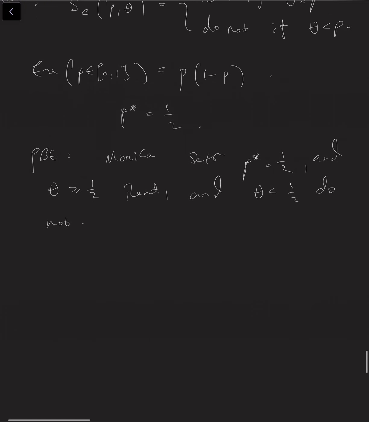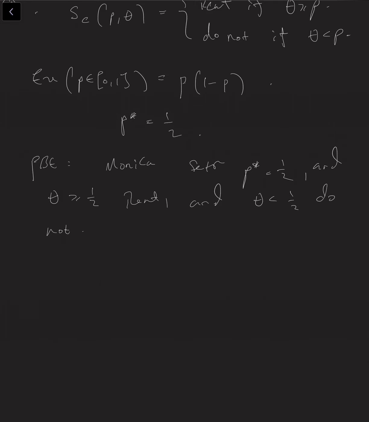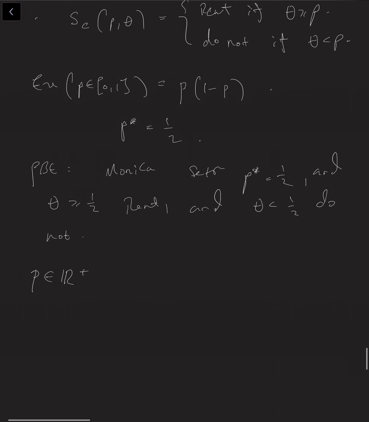Now it's useful to mention here that, say, P was not restricted to [0, 1], and it could be any positive real number. Well, in this case, what would Monica's optimal P be?